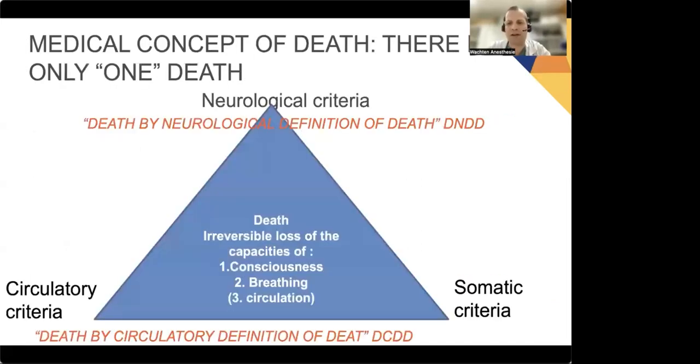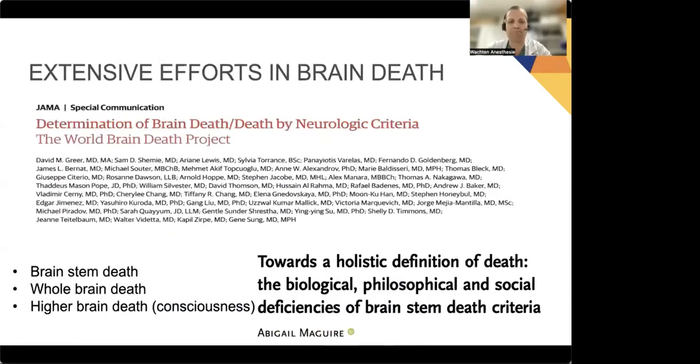As pointed out, death is actually only one definition. It's irreversible loss of the capacities of consciousness, breathing, and circulation. We can use the neurological criteria or circulatory criteria to define that, but it's the same death. We could even use somatic criteria, but in the field of organ transplantation, this is out of scope and non-useful, of course.